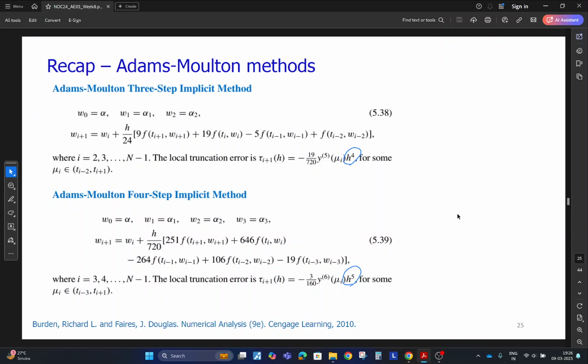In this case, the local truncation error is equal to minus 19 by 720 times the fifth derivative of y at mu_i times h^4 for some mu_i belonging to the open interval (t_{i-2}, t_{i+1}).